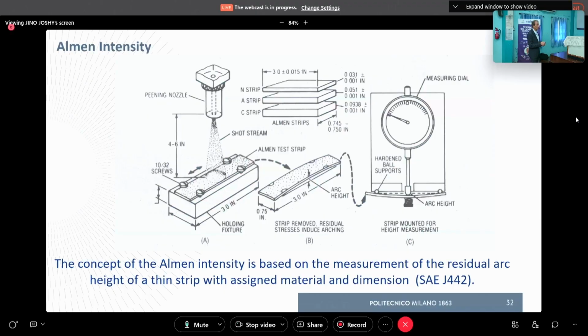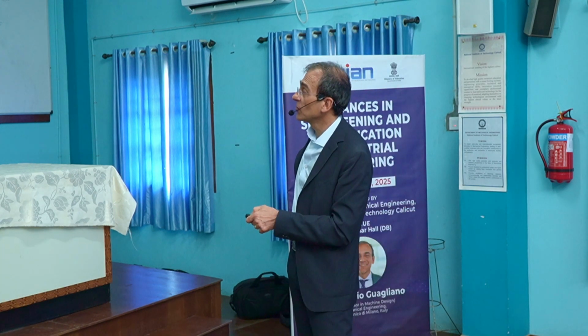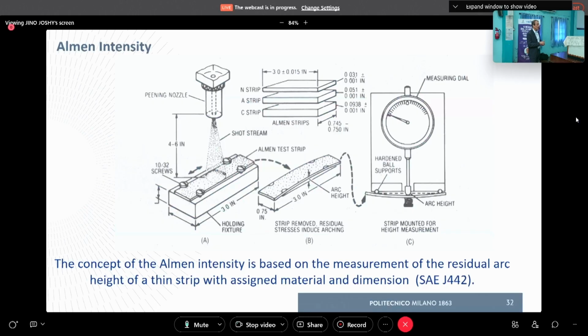We are peening just one face, and then at the end of the treatment we are removing the screws, leaving the strip free, and due to the residual stresses by peening, we will have a plastic deformation that gives a residual arc height here. The strip will not be straight anymore, but will be curved.